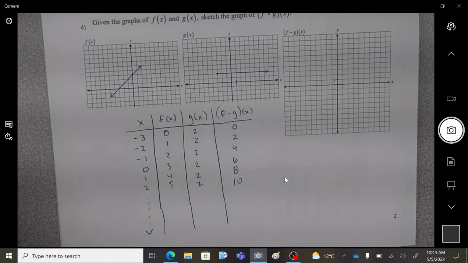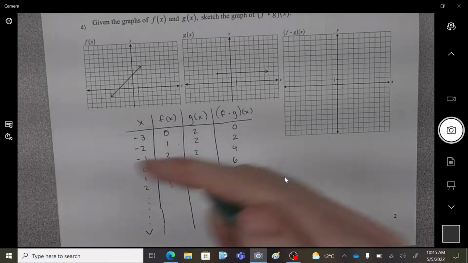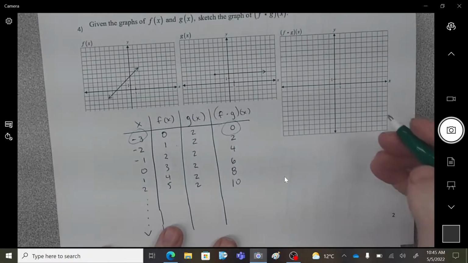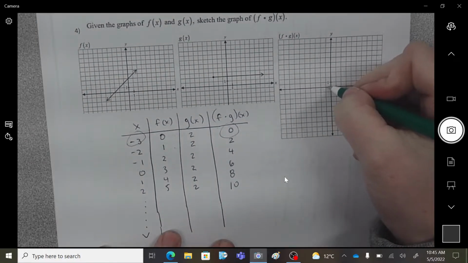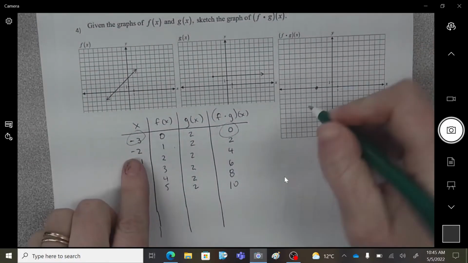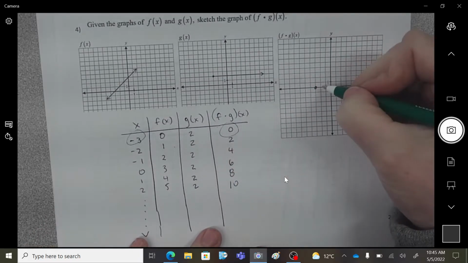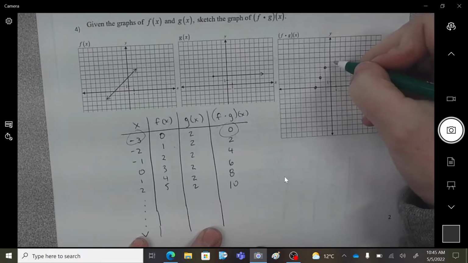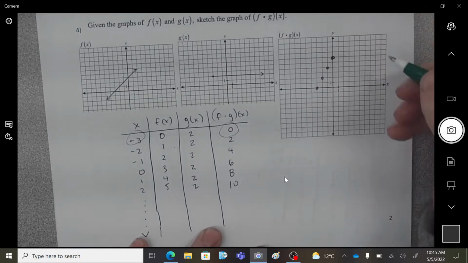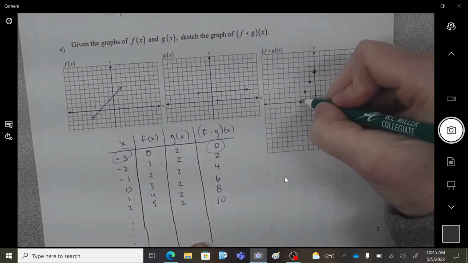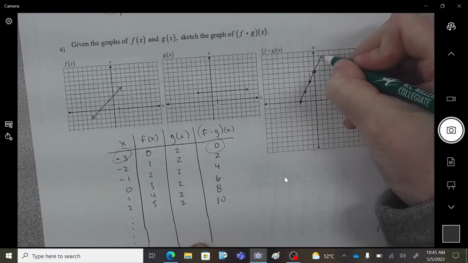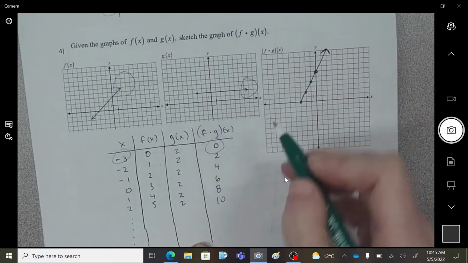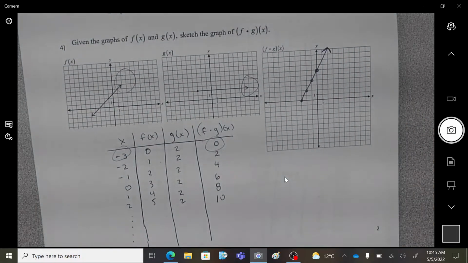We got to remember that there will be an arrow there. Okay, so we have the coordinate negative 3, 0, negative 2, 2, negative 1, 4, 0, 6. I can already kind of see what's happening. And then we remember on this one, there will be an arrow because they both have a domain to infinity.